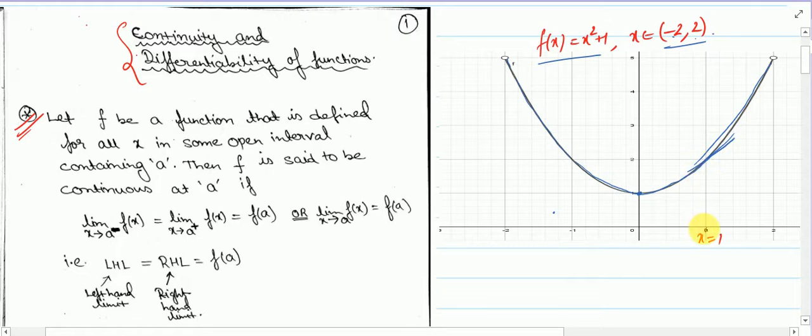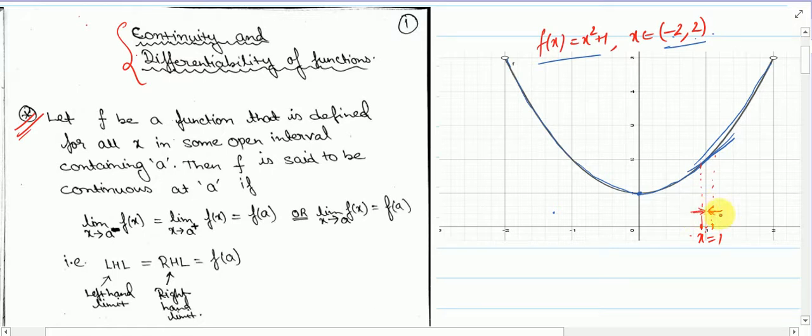So I will take one point which is a little less than 1, on this side, and another point a little greater than x equal to 1, and then I will try to approach x equal to 1 from both sides.